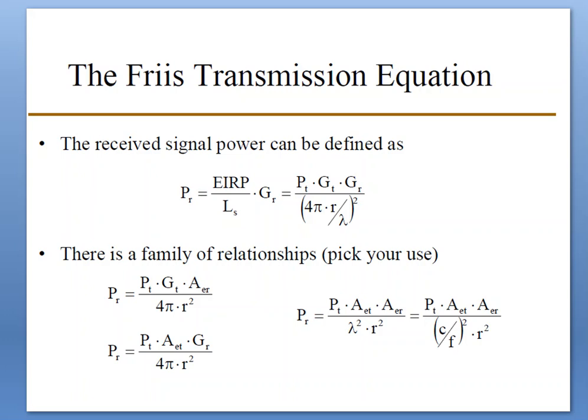Consider in the equations the gain and effective area as independent variables. We want the gain and effective area of the receiver held fixed over a range of receiving power versus wavelength calculations. What happens to the gain for a fixed-dimension transmitting antenna when the independent variable lambda decreases? The gain increases, but we cannot have the gain increase, because we want the gain to be fixed.